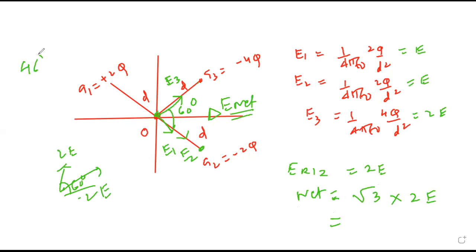So root 3 into 2E, where E is 1 upon 4 pi epsilon naught 2Q by d square. Just copy till this.